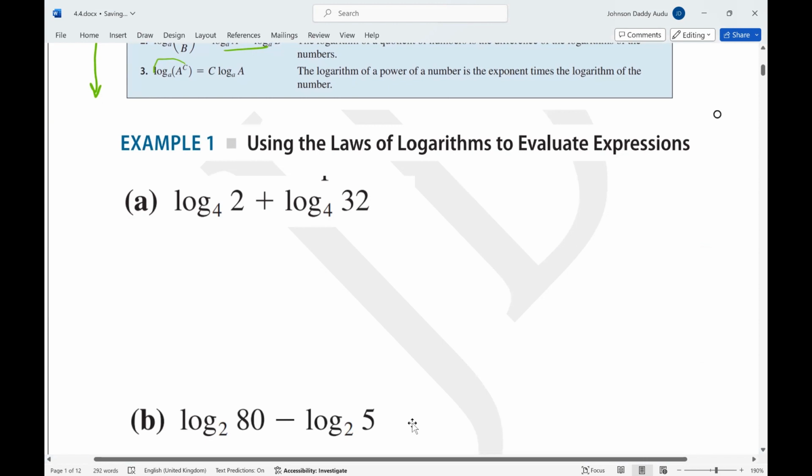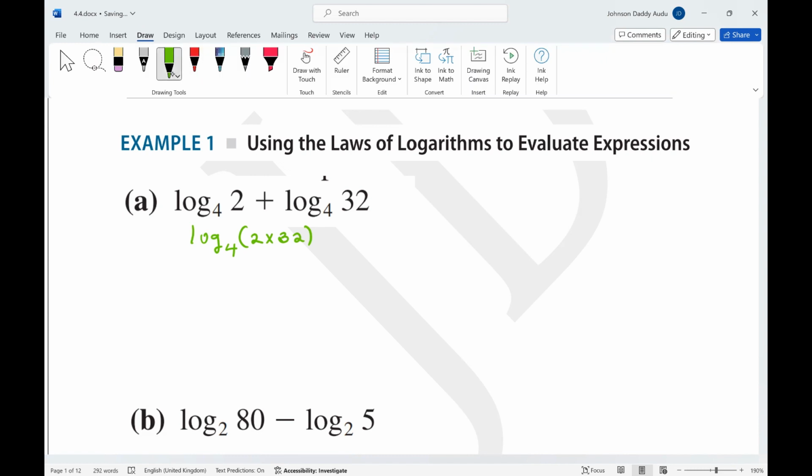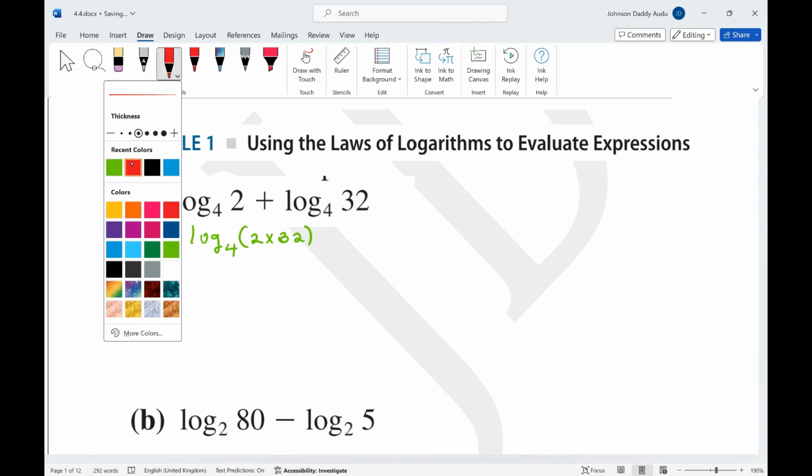So let's just apply this law quickly. In this case, this is addition, so addition can change to multiplication. This will be the same as log to base 4 of 2 multiplied by 32. So what is this?